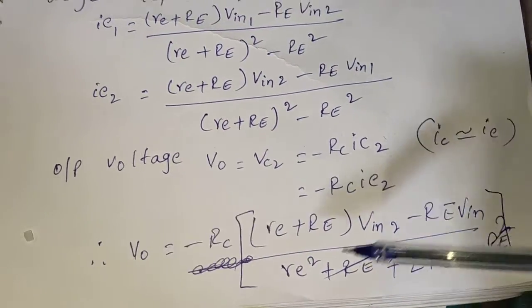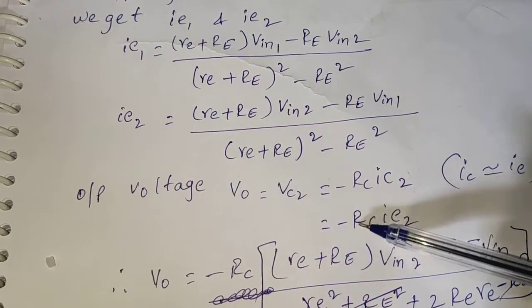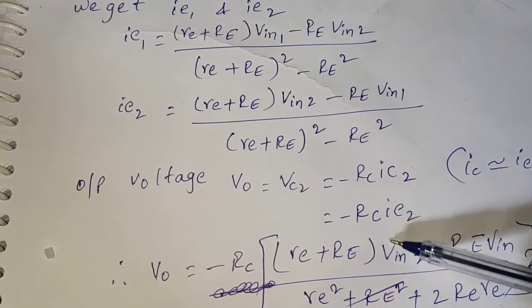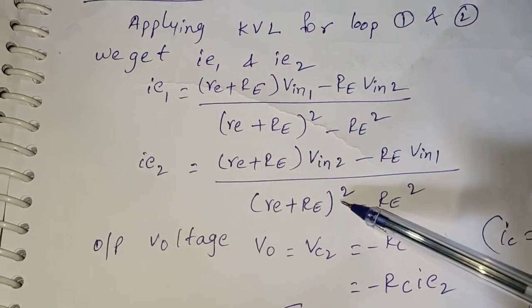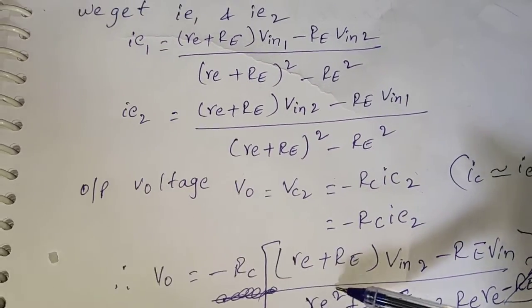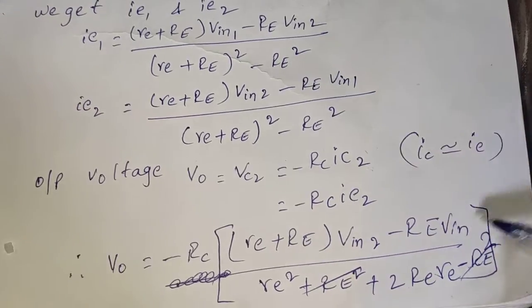How will the equation be? See here, minus RC times the IE2 value. We split this equation, a plus b whole square: a square plus b square plus 2ab minus r square. How does the equation become? See here.